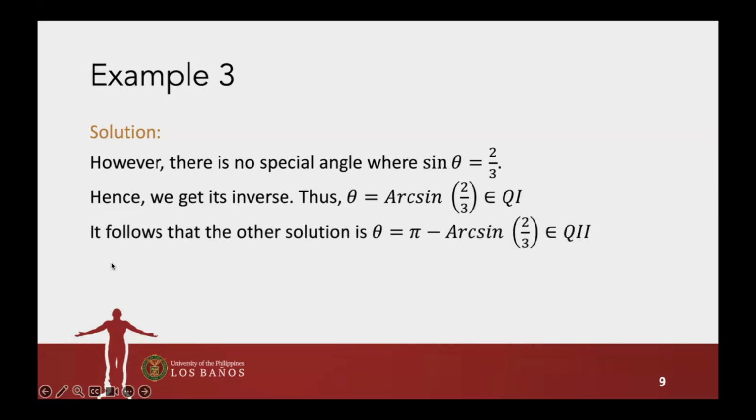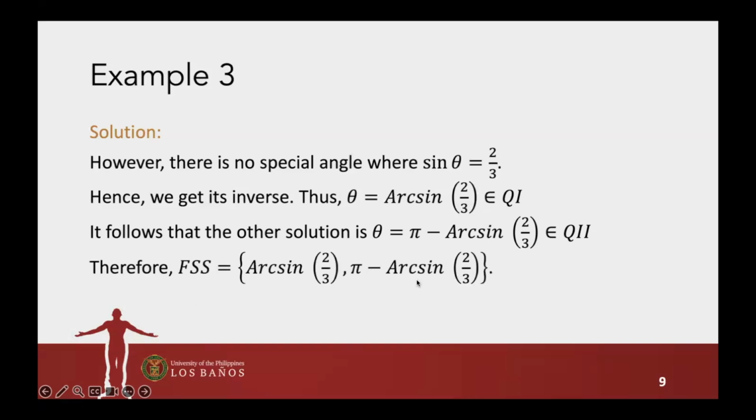So now, in order to get the solution in the second quadrant, that is just pi minus the reference angle. In this case, our reference angle is the same as the angle in the first quadrant. So we get pi minus arc sine 2/3, and this is our angle in the second quadrant.